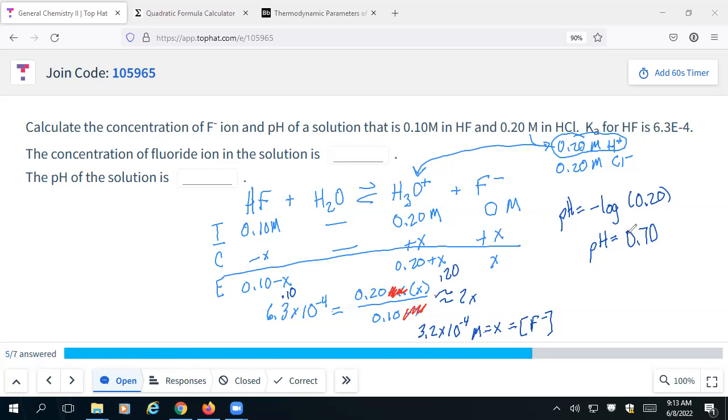So what we're seeing in this pH is the presence of that strong acid, not really the action of the weak acid. So what the strong acid did was it basically held that weak acid's equilibrium on the reactant side even more, and made it less likely for that fluoride to pop off.